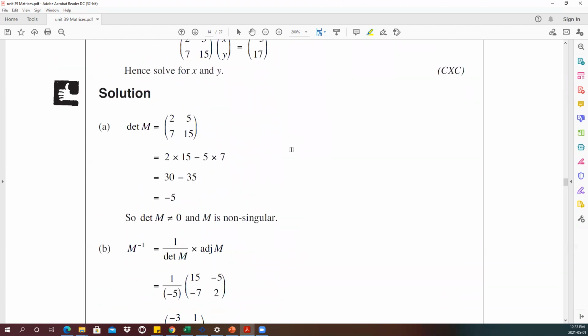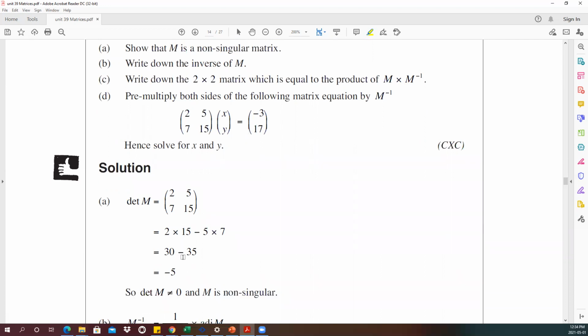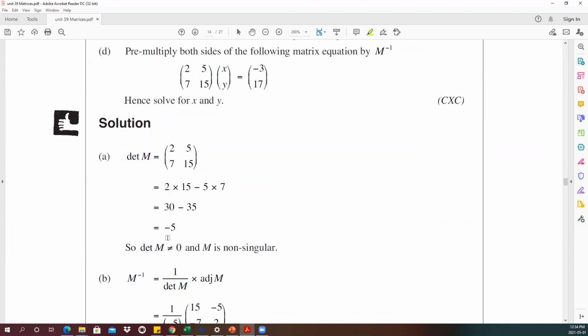All right. So we have the determinant of m. Let's multiply the diagonals and minus them. 2 times 15 is 30, 5 times 7 is 35. 30 minus 35, I get minus 5. So it's this diagonal, the product of this diagonal, minus the product of the other diagonal.